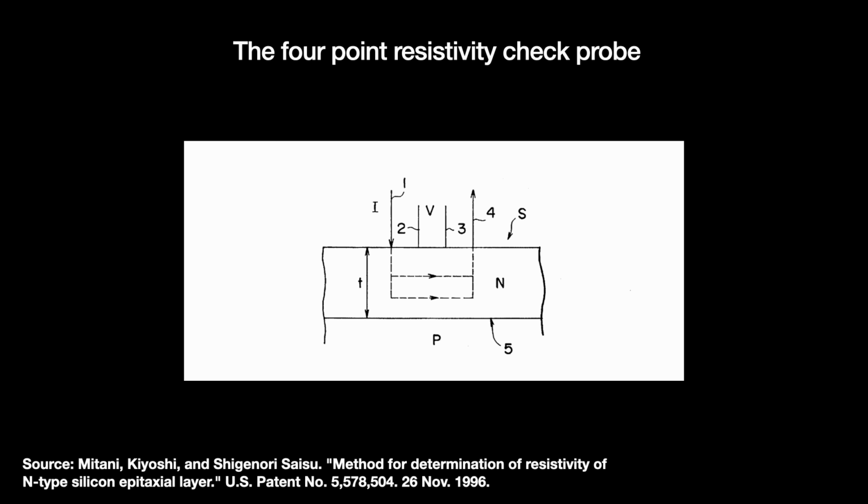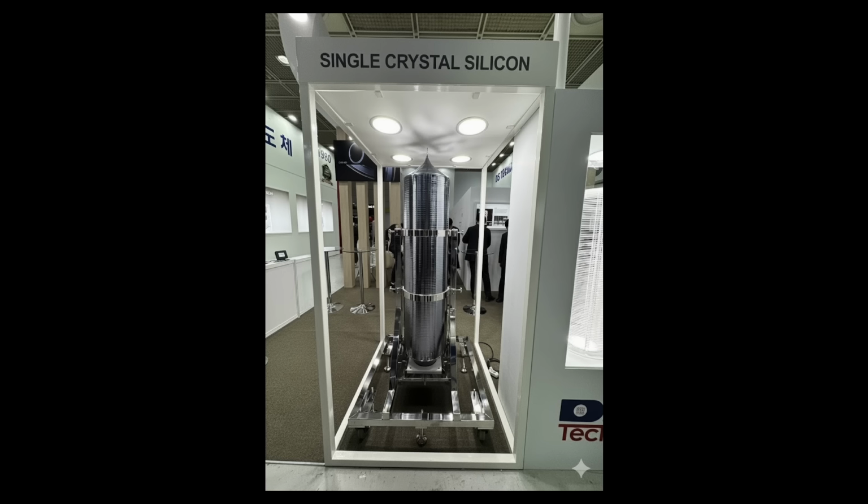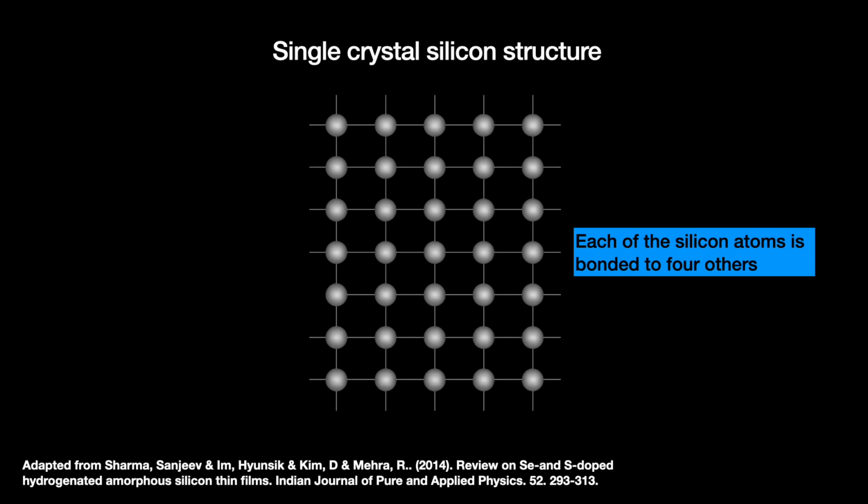After that, we need to check the silicon's crystallographic structure. The silicon wafer is what we call a single crystal, meaning that the whole wafer is a continuous, unbroken crystal lattice. Any interruptions, stacking faults, or impurities in that crystal lattice can trap or interfere with the charge carriers moving through the silicon.